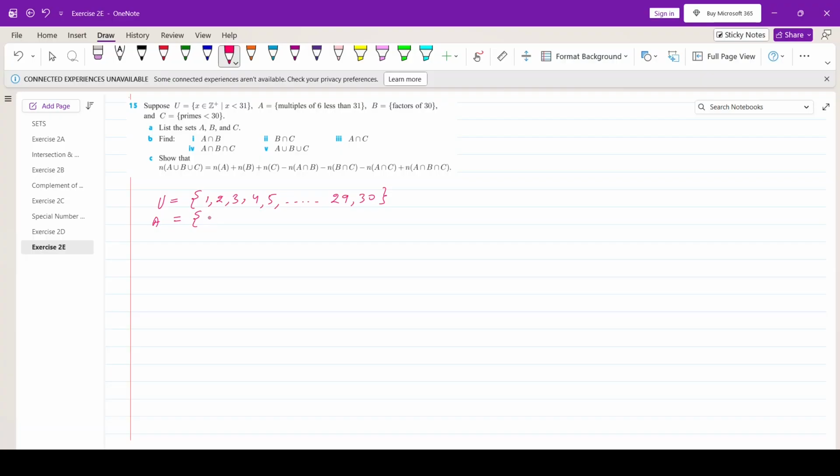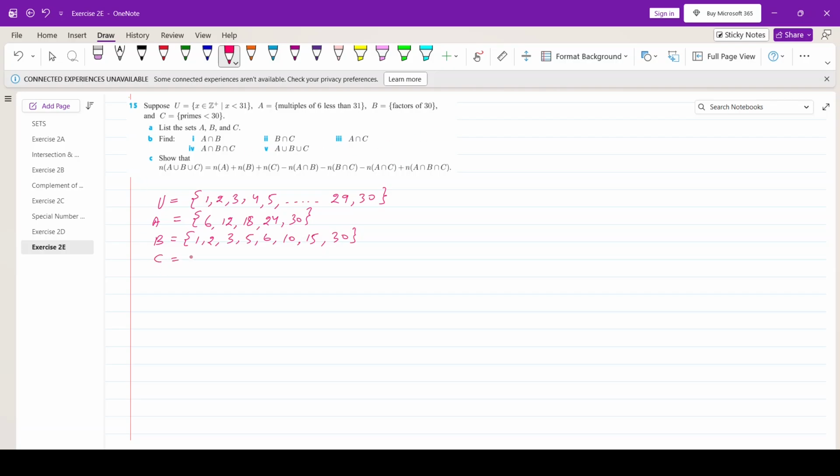So A is equal to a set of 6, 12, 18, 24, and 30. And B is a set of factors of 30. So it will be 1, 2, 3, 5, 6, 10, 15, and 30.